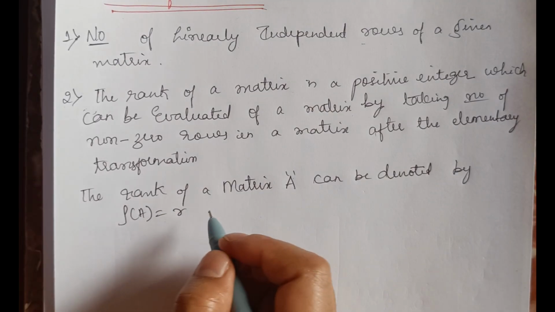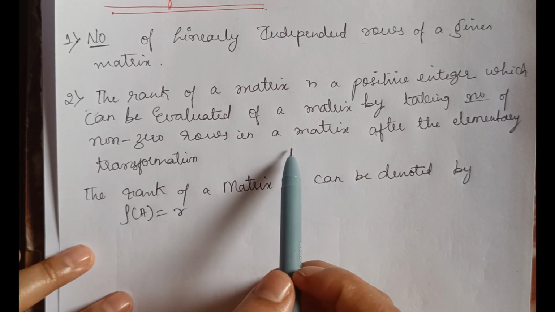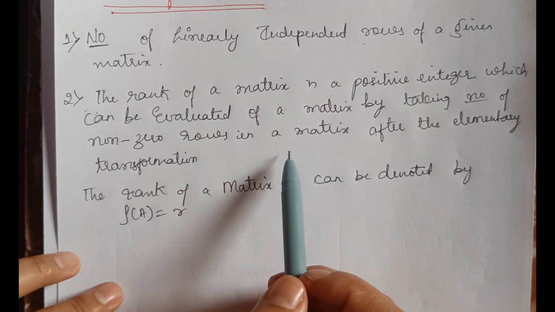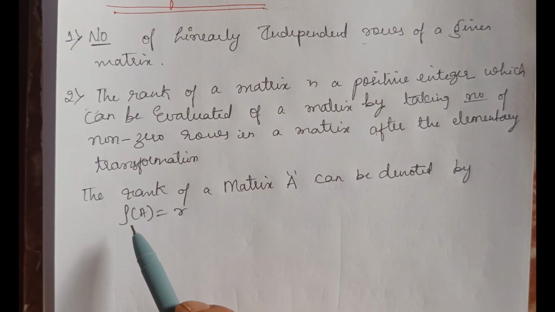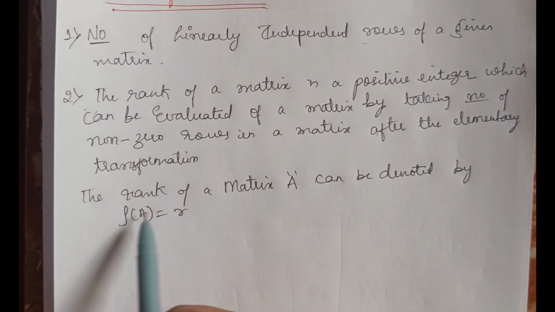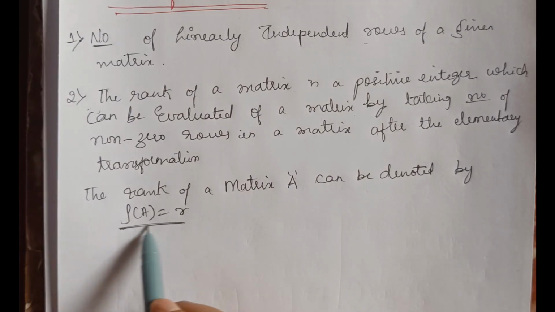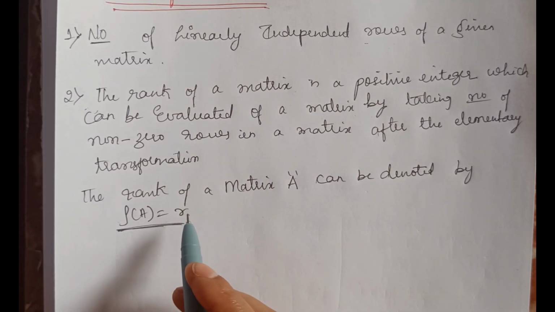Rank of the matrix is equal to r here. I know this definition looks like rocket science to you right now, but I know you're very smart. I will explain it and it will just be a piece of cake for you. As I mentioned, it can be denoted as rank of matrix A is equal to r.